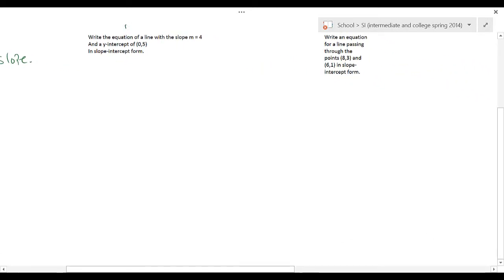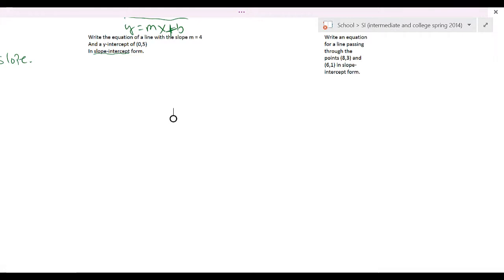So let's take a look at this again. Let's go ahead and write y equals mx plus b above so we don't forget it. To write an equation of a line in slope-intercept form, well, this is slope-intercept form. What we're going to be doing is taking the slope first. So m equals 4.